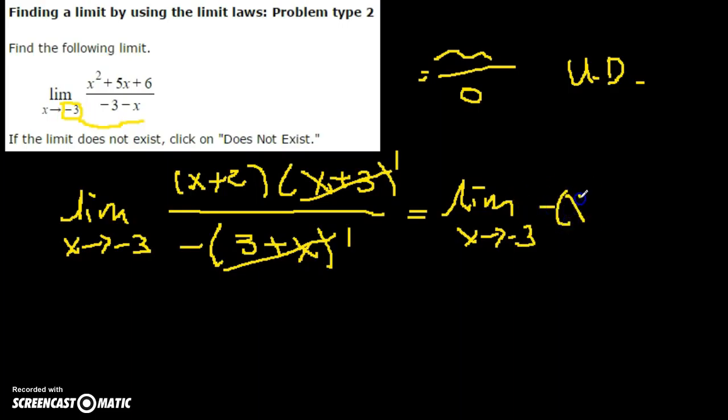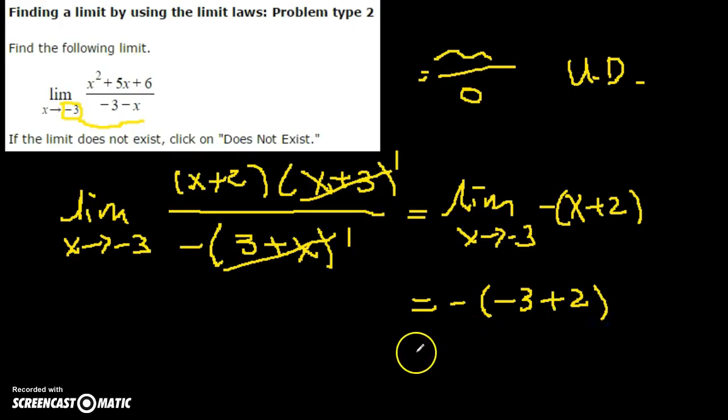Now I can simply substitute -3 for x, because that's not going to give me anything undefined. My final answer is 1, as we saw just now from the Desmos graph.